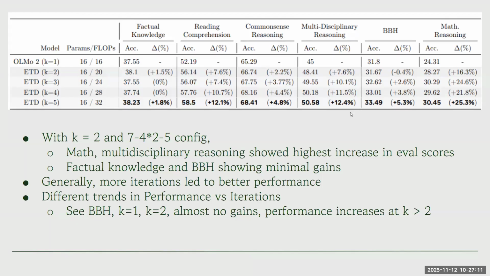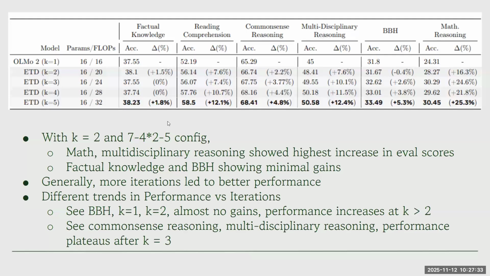And on a benchmark like common sense reasoning or factual knowledge, after K equals 3 the increase in performance is almost negligible. So 4.4% increase, 4.8% increase, 3.57 to 3.74. Basically the authors were noting that different task domains have different scaling performance. This is related to how much reasoning is required by the transformer model to solve the task at hand.